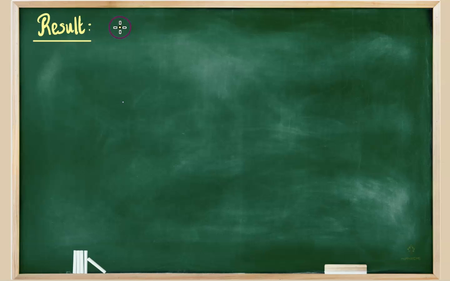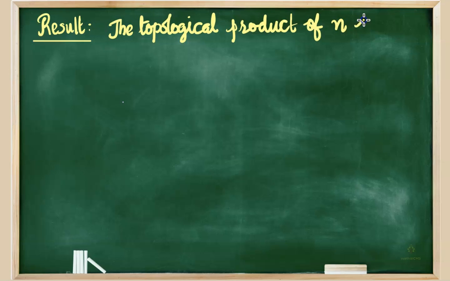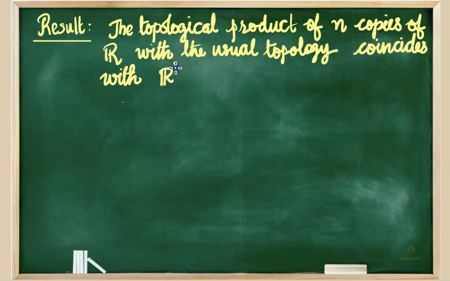Here we claim that the topological product of n copies of R with the usual topology coincides with Rn with the usual topology on it.